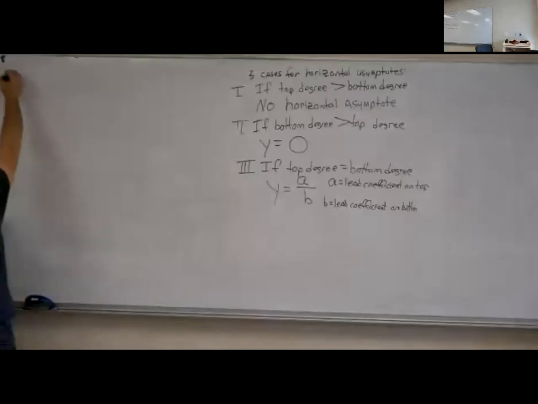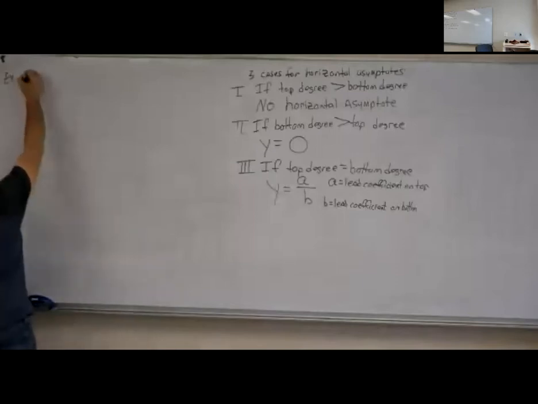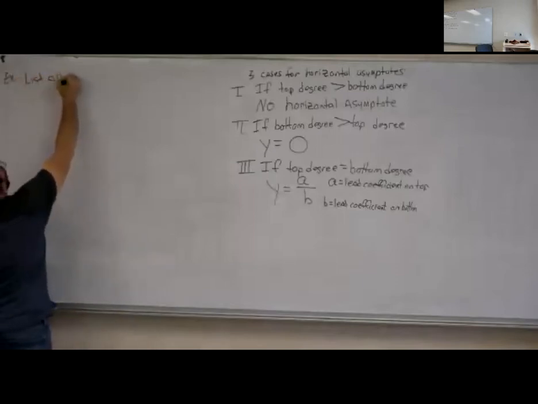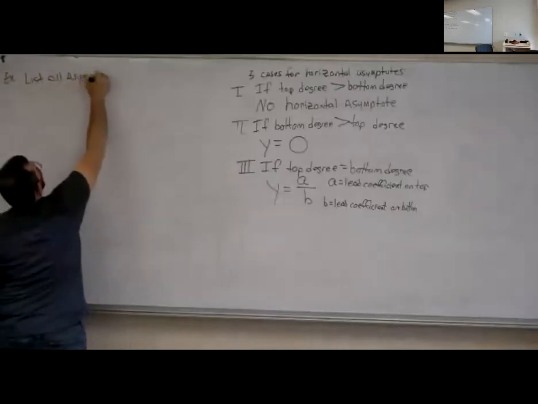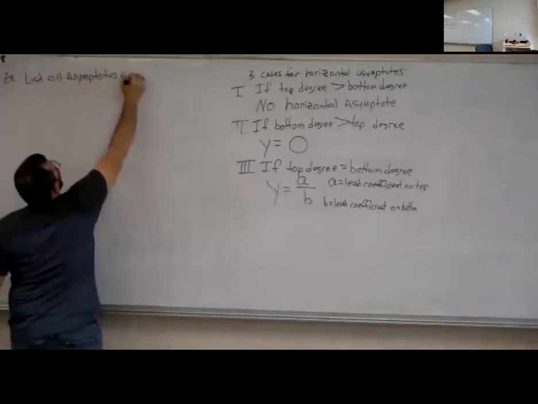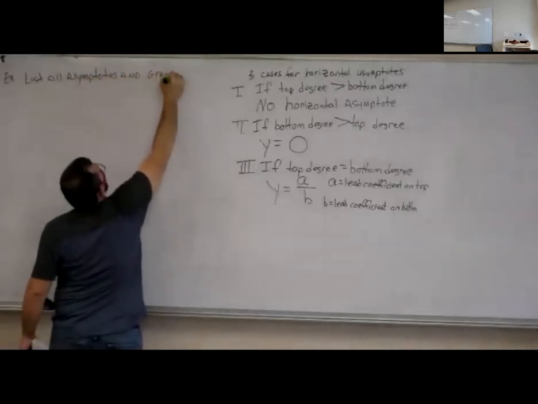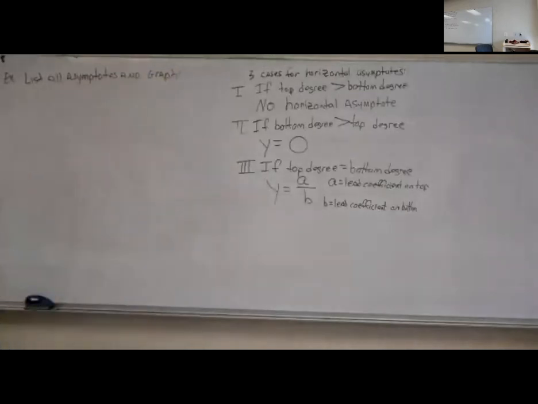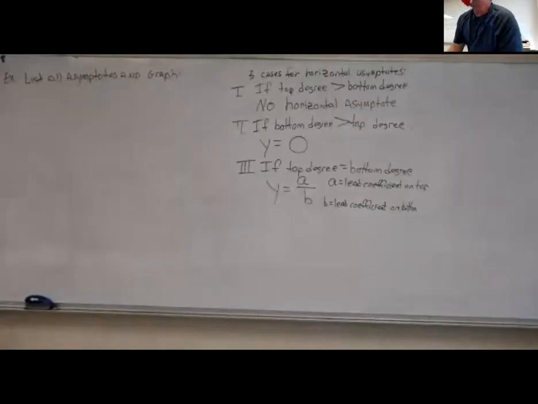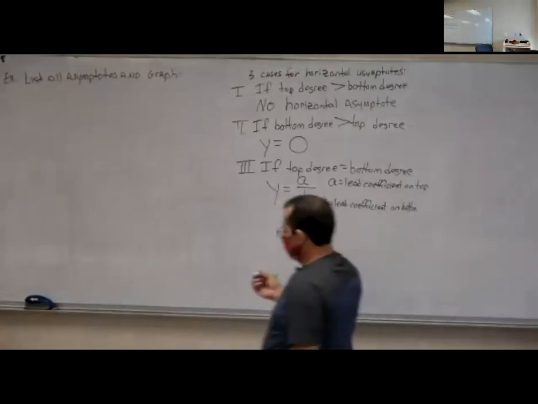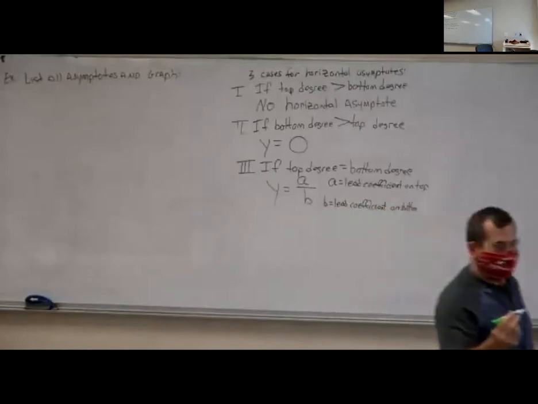All right, so this example, they want me to list all asymptotes and graph. So first, when they say list all asymptotes, it's verticals and horizontals, okay?